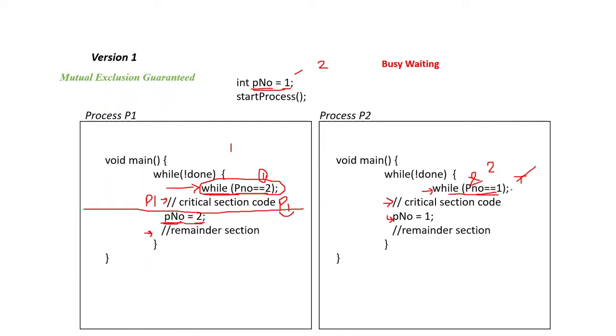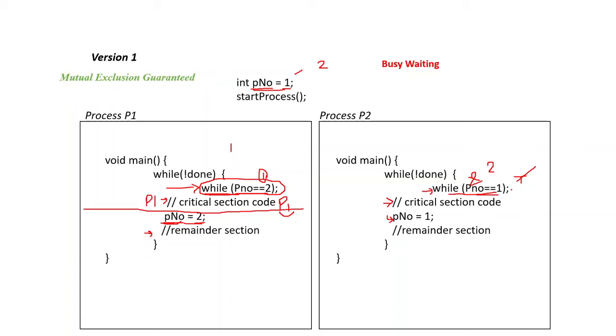So eventually when P1 executes, it enters into the critical section and then sets the value of p number to 2, then only P2 will be able to proceed. Therefore P2 is delayed considerably before it may enter into the critical section.